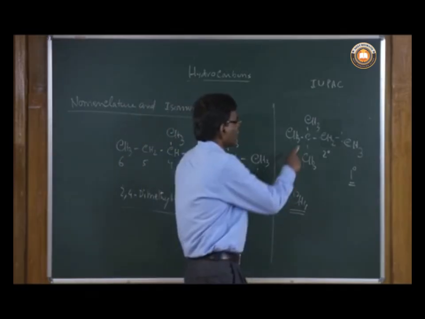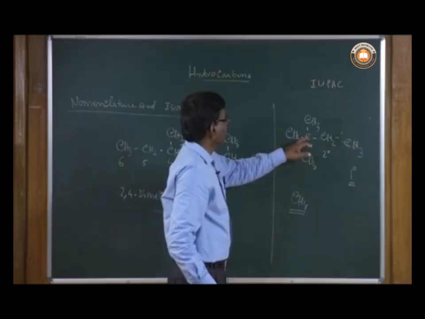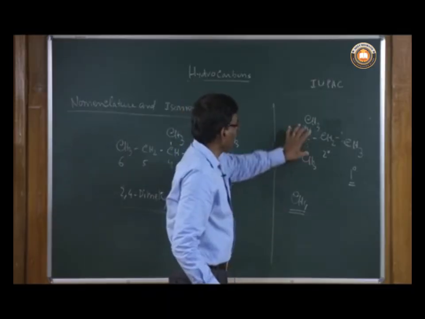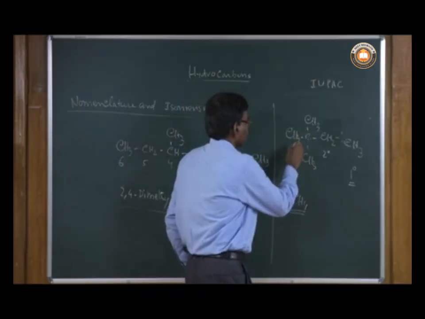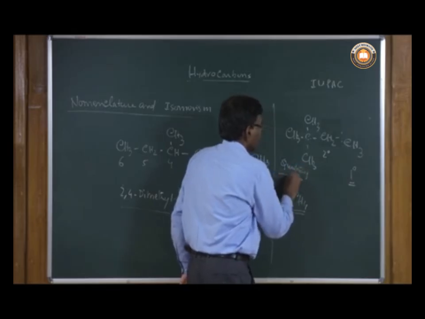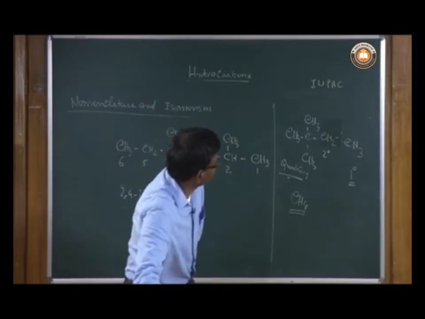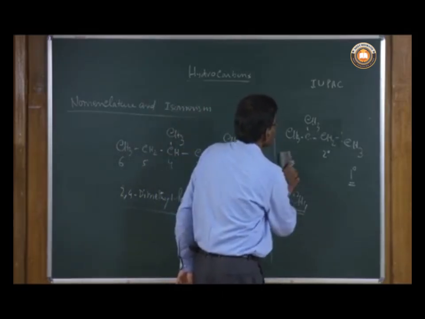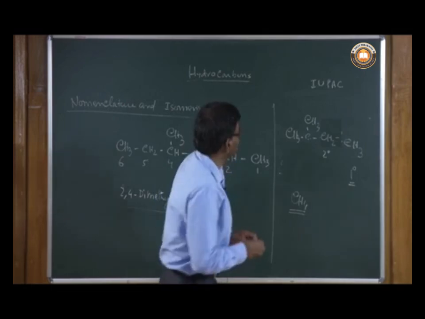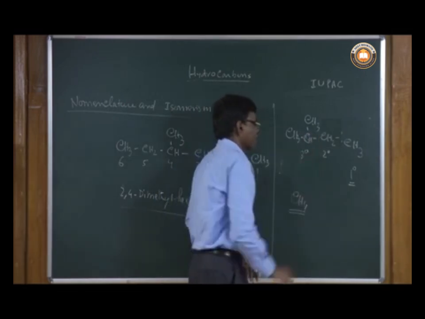When the carbon is bonded with 4 carbon atoms, this is called a quaternary carbon atom. On the other hand, if it has 3 carbon atoms, this is called a tertiary carbon atom.